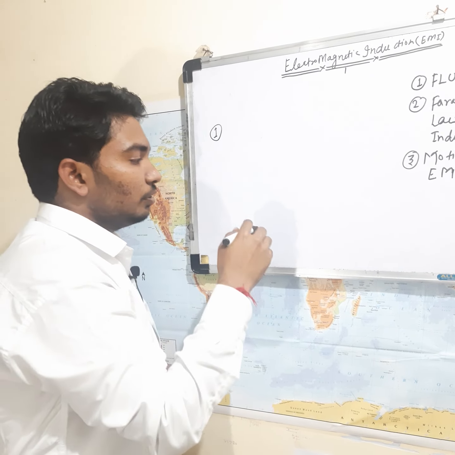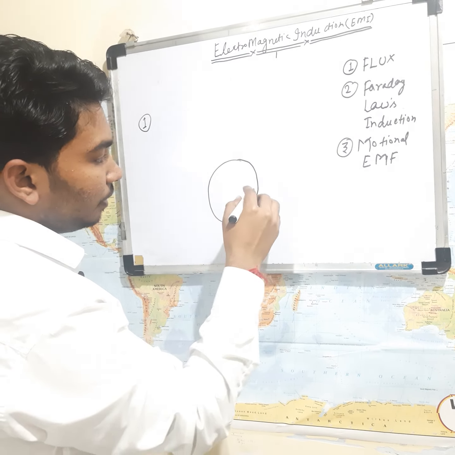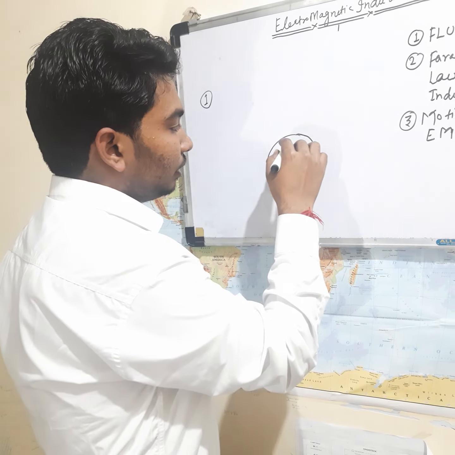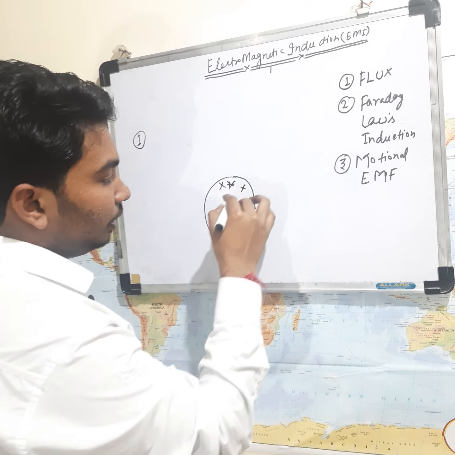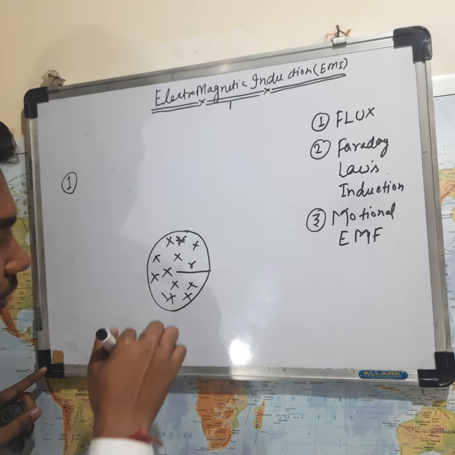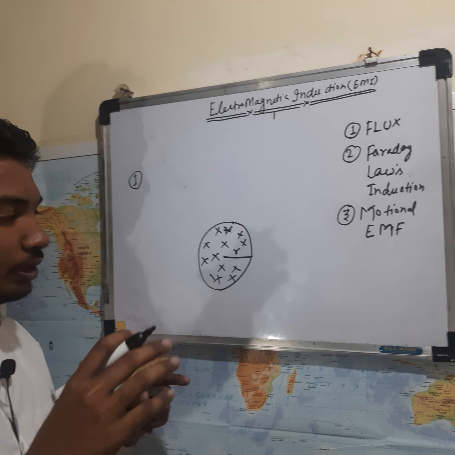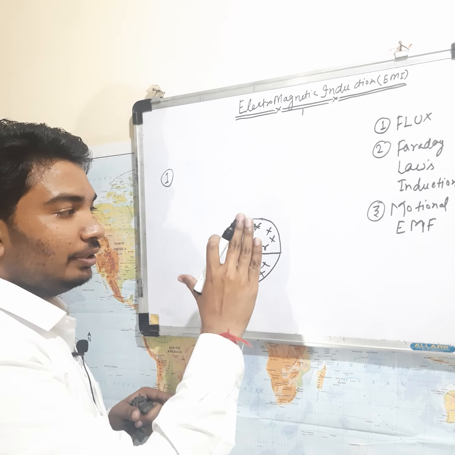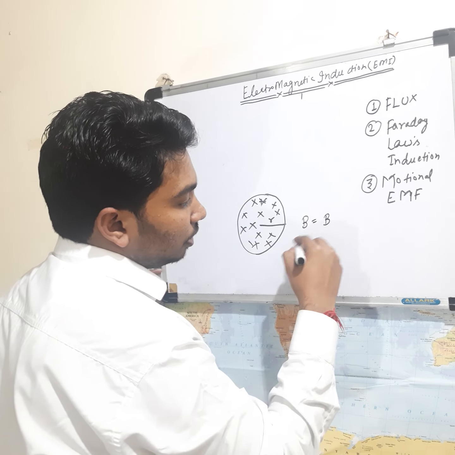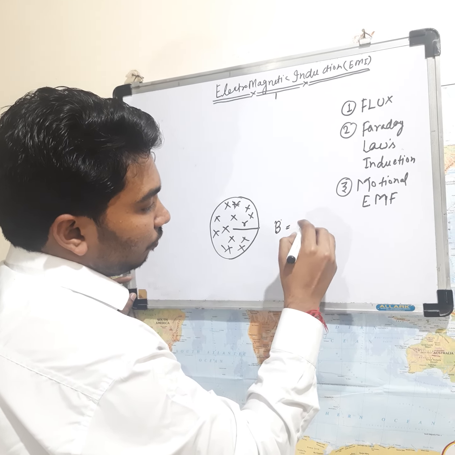Let's say there is a ring of radius r placed on a surface, and there is a magnetic field going inside, B, which is time varying. B is a function of t.